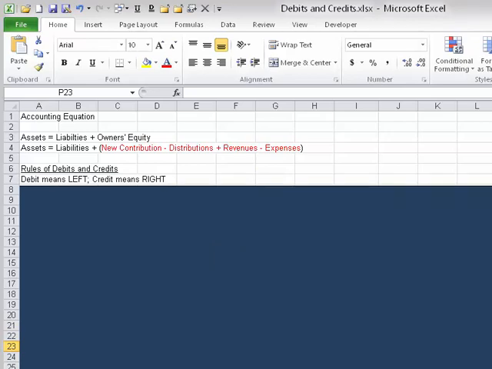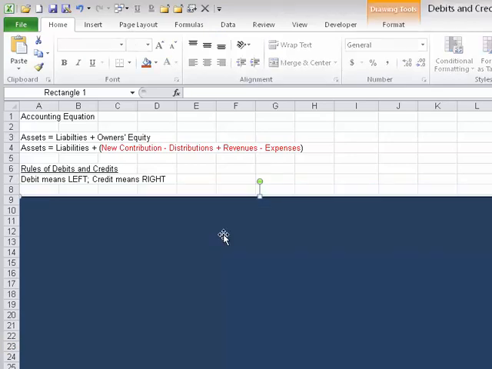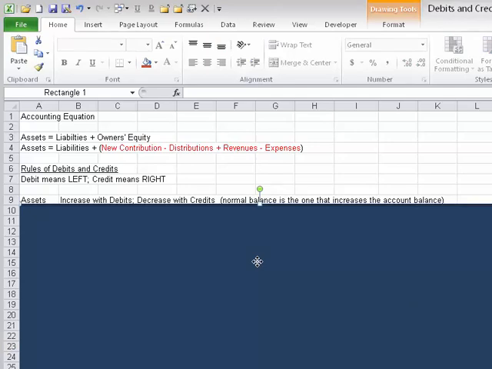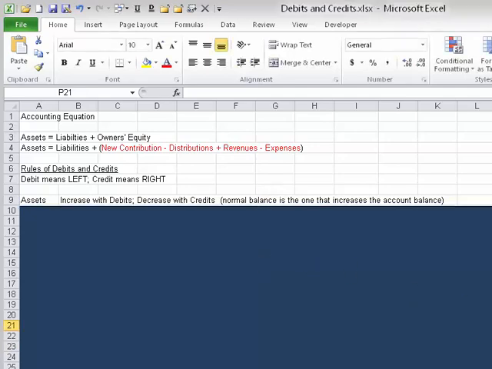Debit means left and credit means right. That's just one of those items you have to memorize, or at least keep it on a note sheet so that you have it in front of you. As you work more and more with accounting, it will become obvious. Assets increase with debits and they decrease with credits.